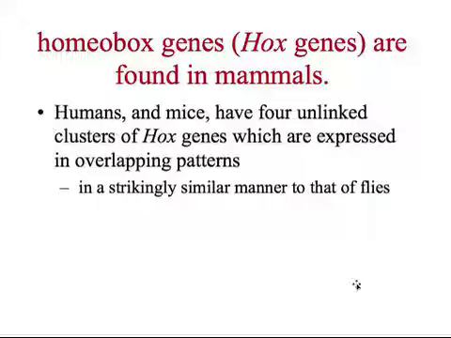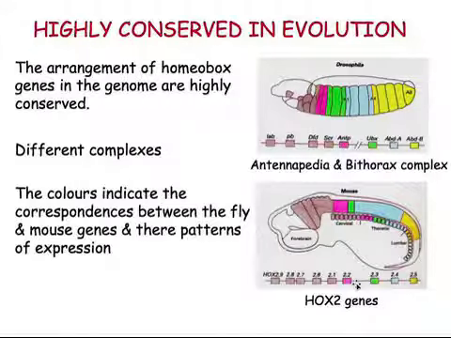So the discovery of these homeobox genes in Drosophila led to the discovery of Hox genes in mouse and human. And Hox genes are also very important in human development. And this is just showing not only are the genes themselves conserved, but the location of the genes along the genome are conserved.